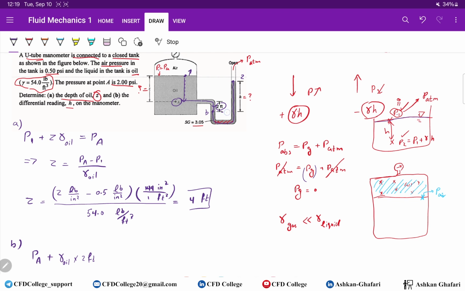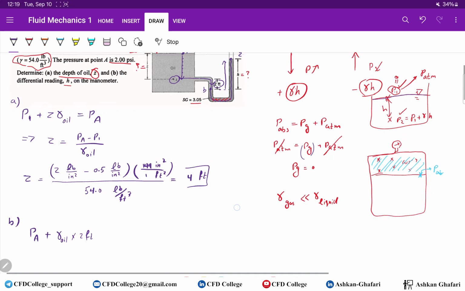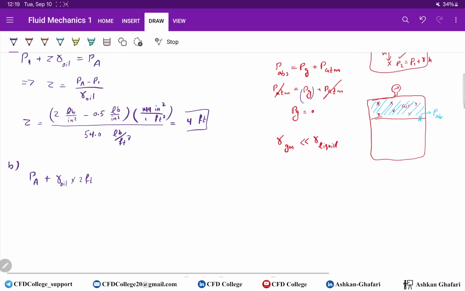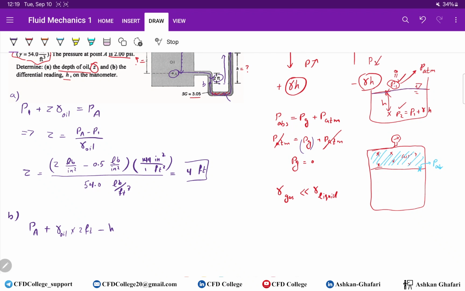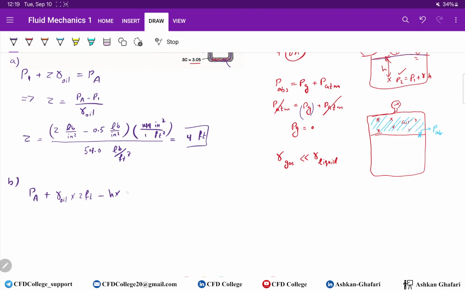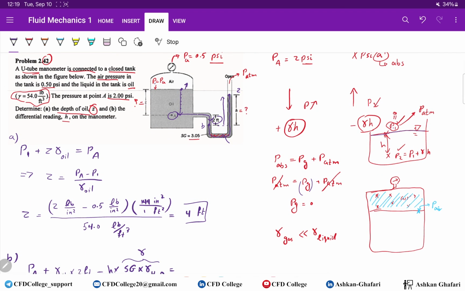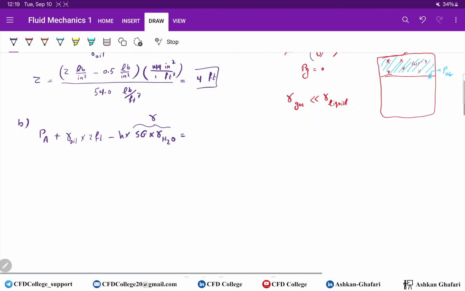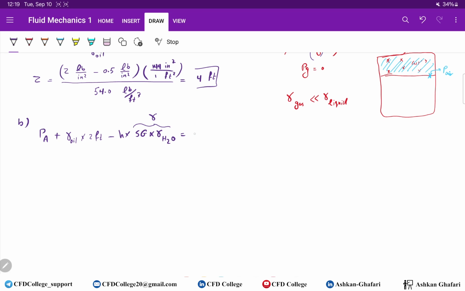So I moved upward for the distance of H. So I should subtract the pressure H times gamma of this liquid. I don't know that, but I know the specific gravity. So specific gravity times gamma of water gives me the specific weight of this liquid. And then I reach point 2 and I know the pressure because it's open. So point 2 equals P2, which is 0.